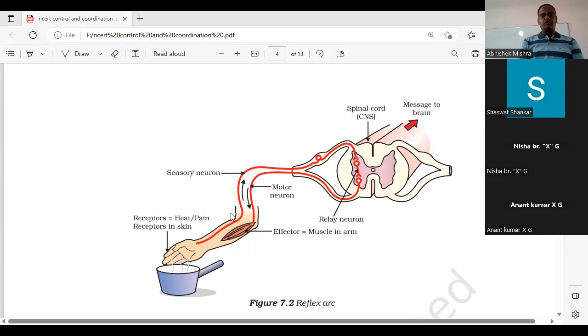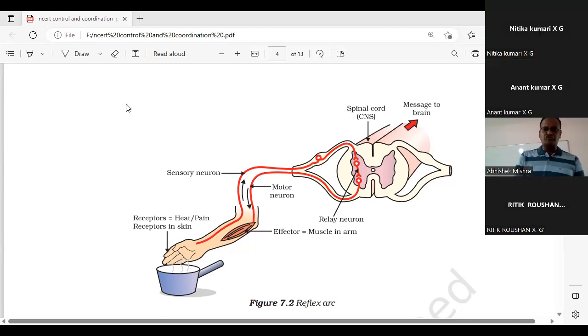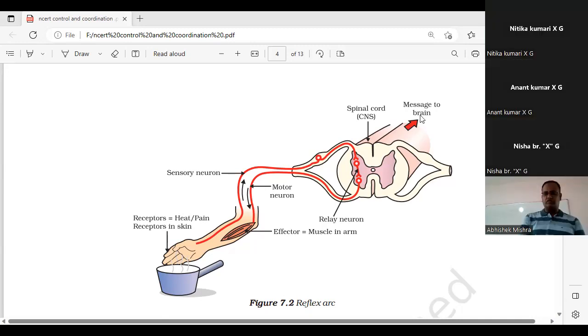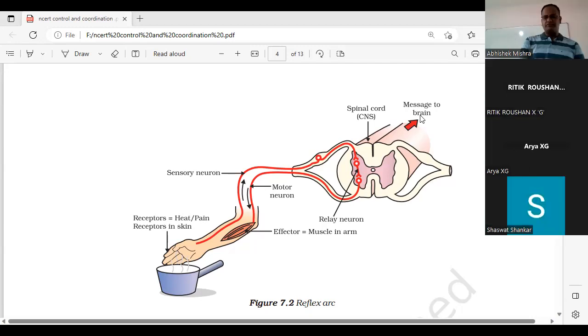Very good. Now, next question. What is effector? This no need to write in the chat box because it will be a long answer. Only you raise your hand. What do you mean by effector? Okay, this time, Nisha.